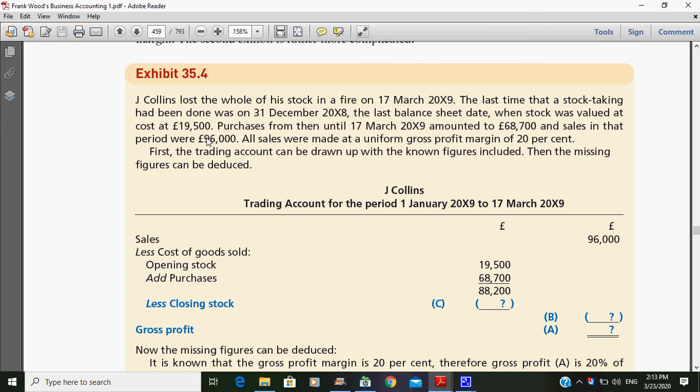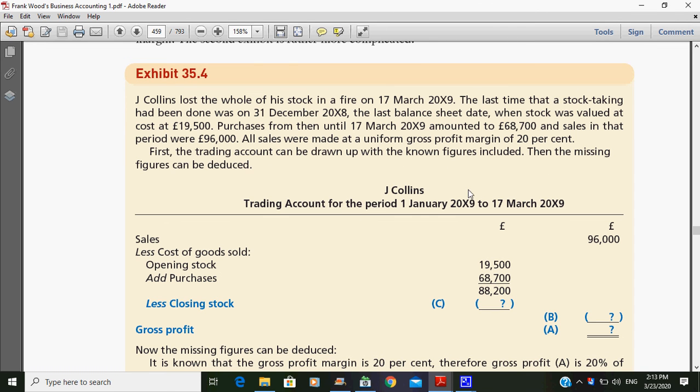So this would have been the opening stock for 2009. Purchases from then until 17th of March amounted to 68,700 and sales in that period were 96,000. All sales were made at a uniform gross profit margin of 20%.